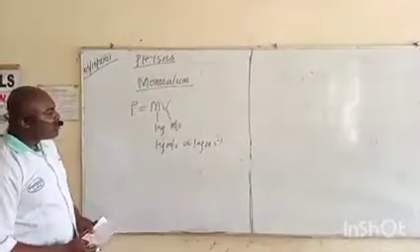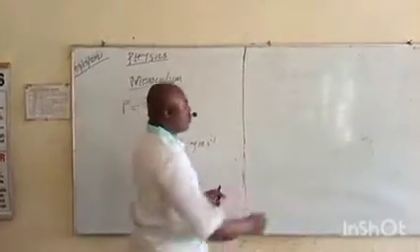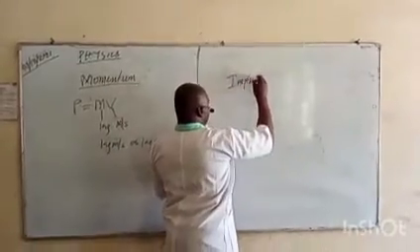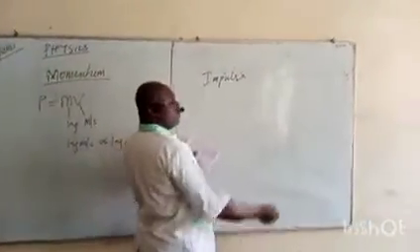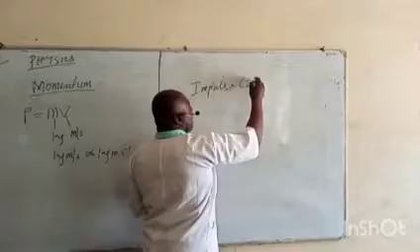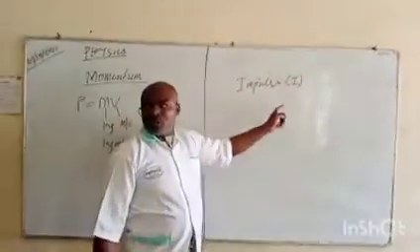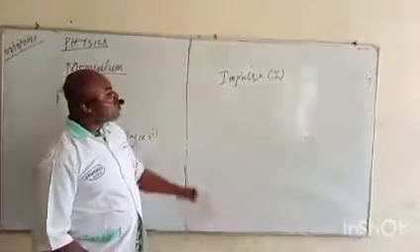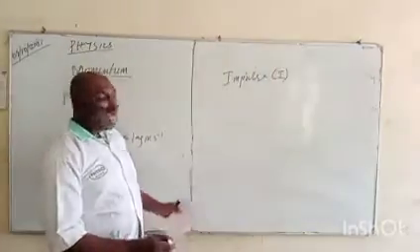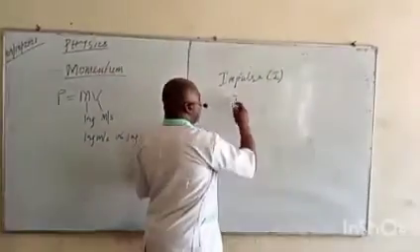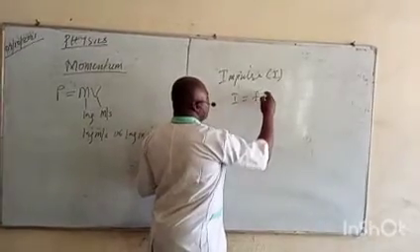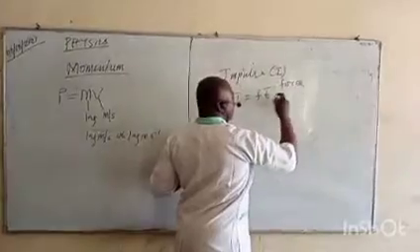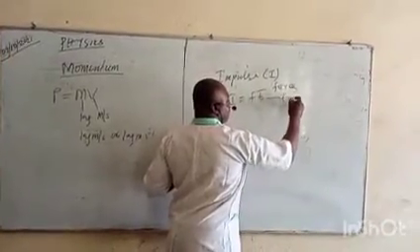Now, there is something we need to look into which we call impulse. Impulse is denoted by the letter capital I. Mostly people denote impulse with I. And impulse is the product of force times time, which is I = Ft, where F is force and T is time.